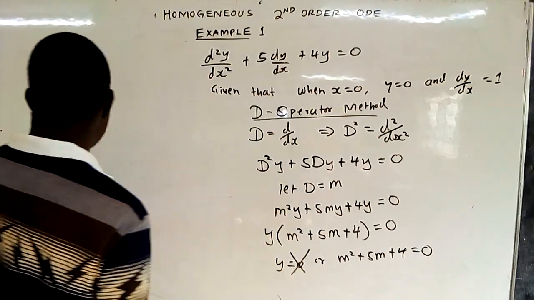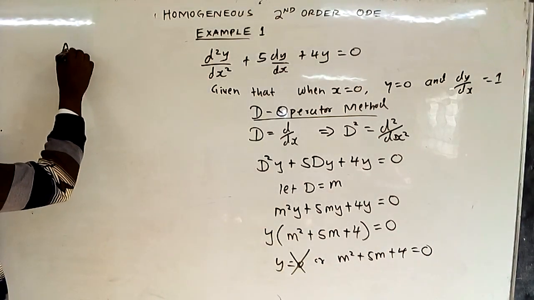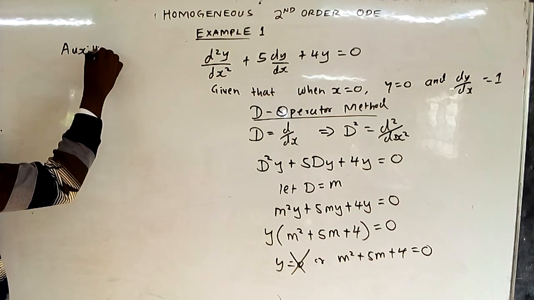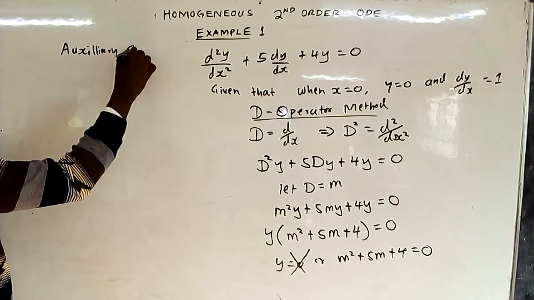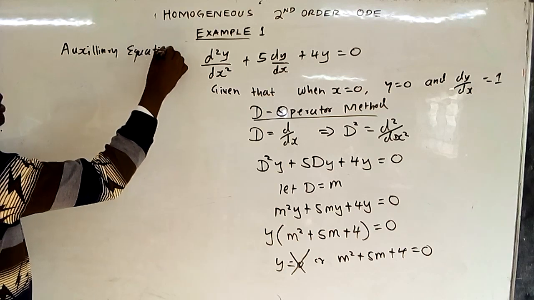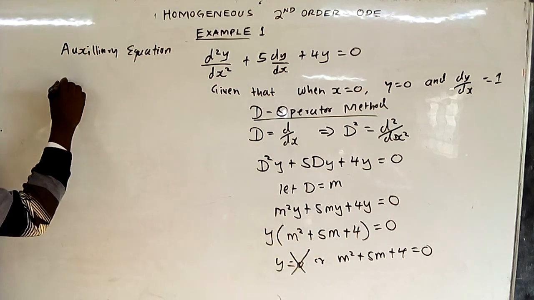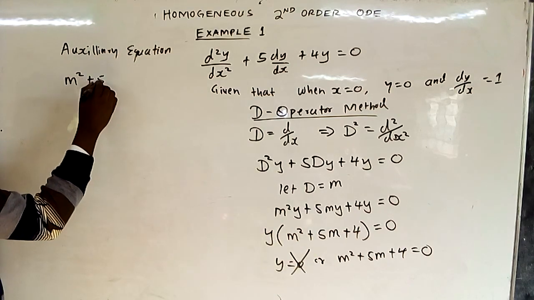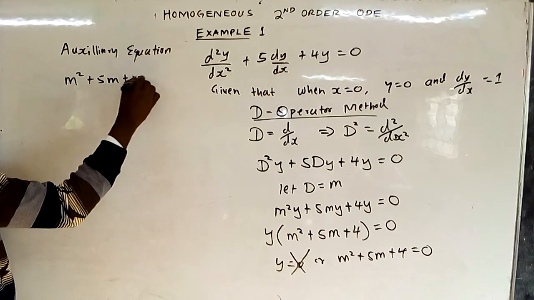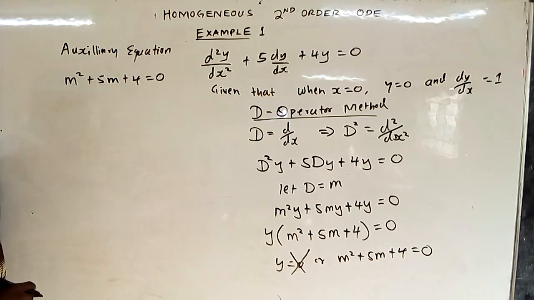So our auxiliary equation we found is m squared plus 5m plus 4 equals 0.